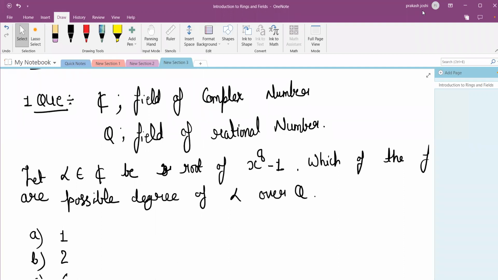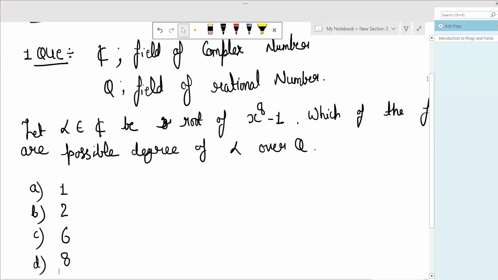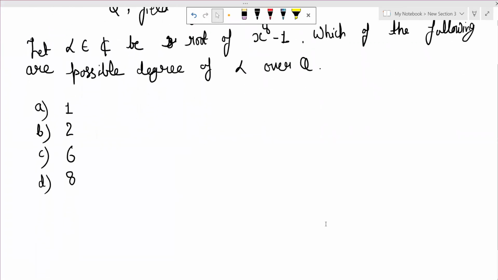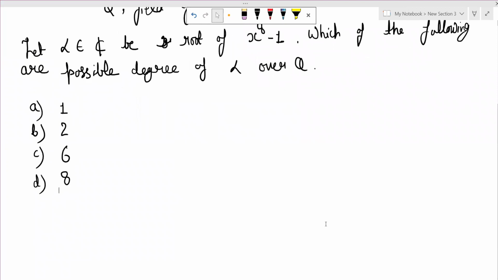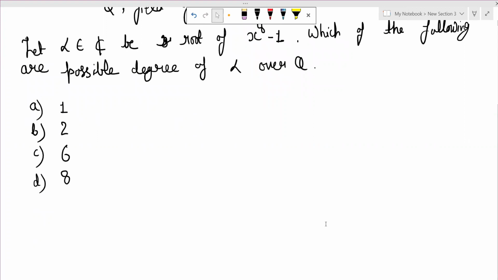Right, the degree of the minimal polynomial for alpha over Q. So here, given that alpha is a root of x to the power 8 minus 1, what are the possible degrees he is asking us? Can you guess, or do you have any intuition? The given options are 1, 2, 6, 8.